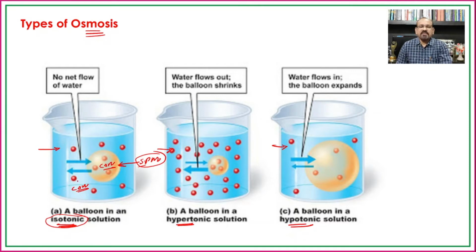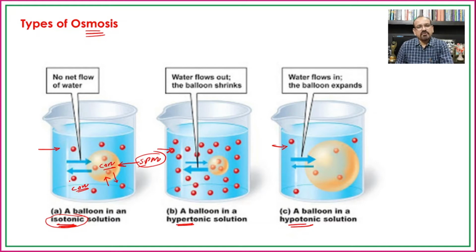If there is a similar concentration, there will not be any effect, because even though the water may enter inside, at the same time it can come outside also, because they have the same concentration. So there will not be any change in such cases when the cells are kept in an isotonic solution.